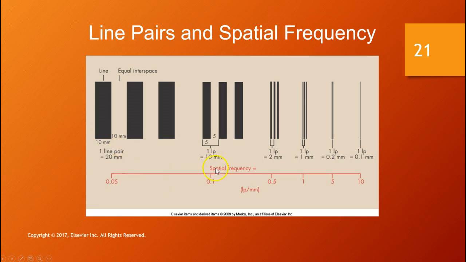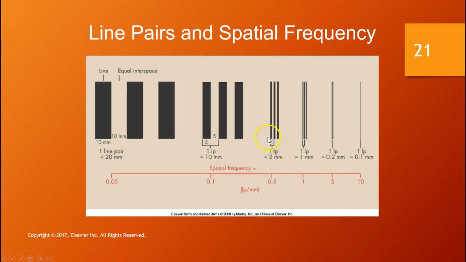The second example over here is a line that's 5 millimeters wide, and here is the space in between. That's another 5. So from the beginning of this line to the beginning of this line is one line pair, and the distance is 10 millimeters. So one line pair equals 10 millimeters here.